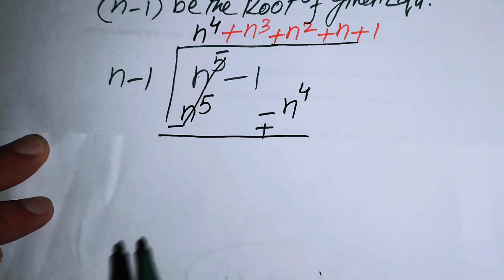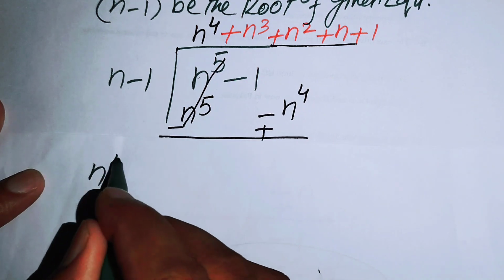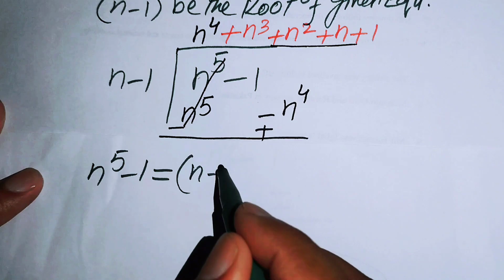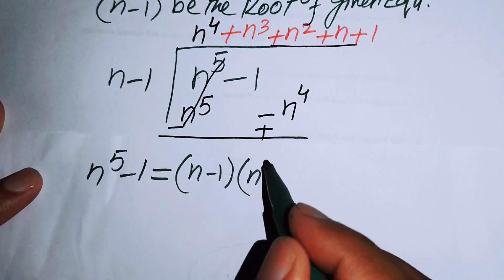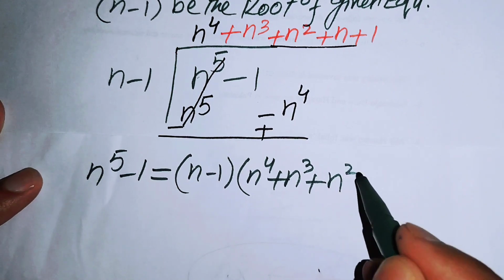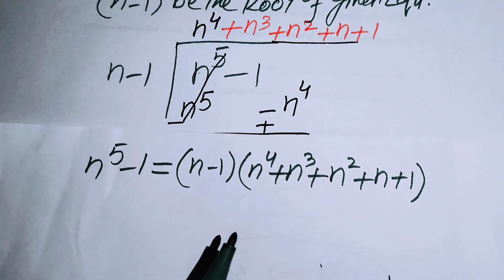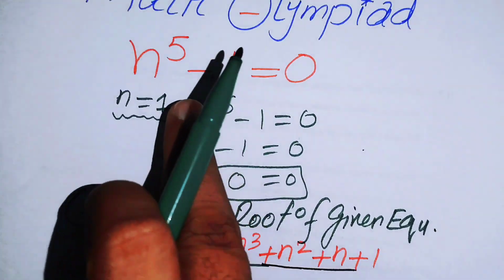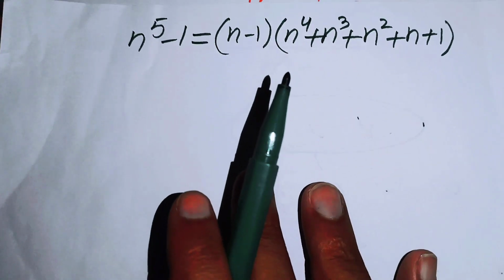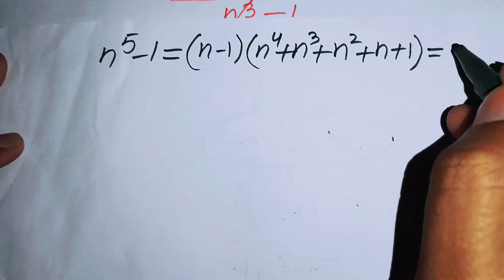So after the whole division, we obtain n to the power of 5 minus 1 equals n minus 1 times n to the power of 4 plus n cubed plus n squared plus n plus 1. And because at the start of the question we have n to the power of 5 minus 1 equals 0, we can write that this term equals 0.